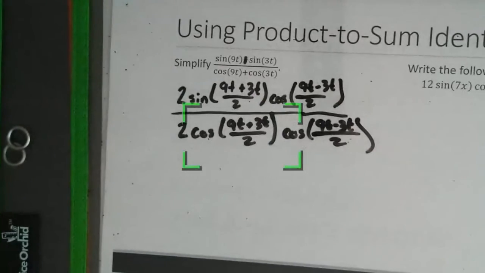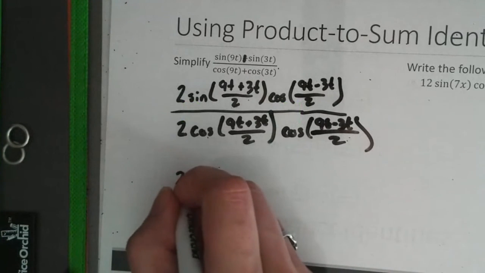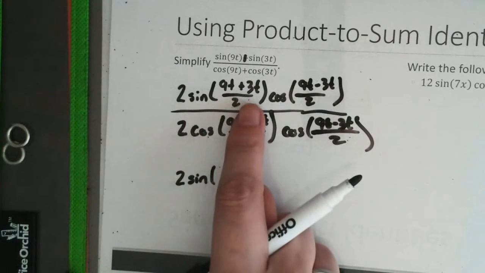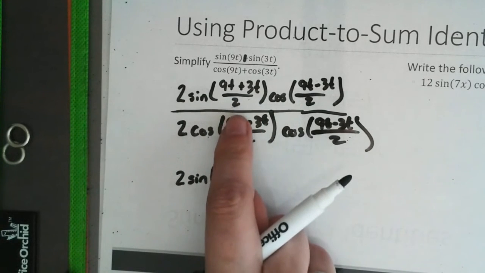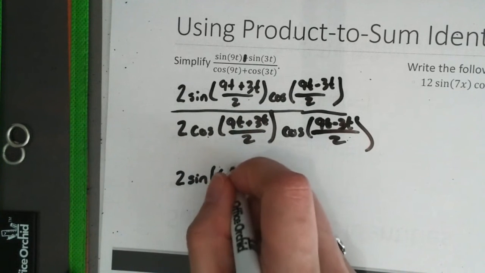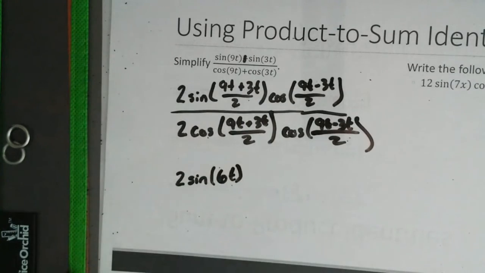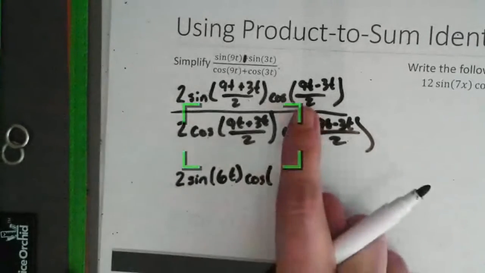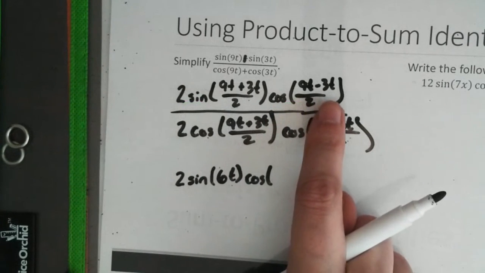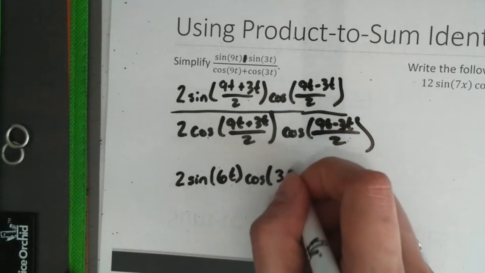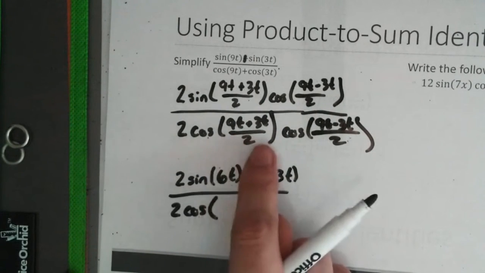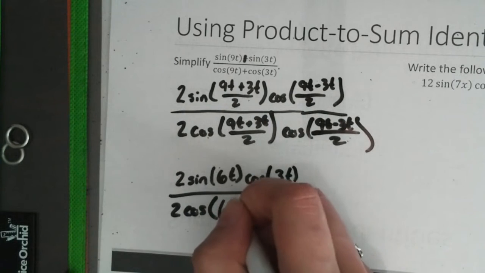Let's see if we can simplify it. In my numerator, I have 2 times the sine of 9t plus 3t is 12t. 12t divided by 2 is 6t. Then I have the cosine of 9t minus 3t is 6t. 6t divided by 2 is 3t. In my denominator, I have 2 times the cosine of, adding them together and dividing by 2, I get 6t.